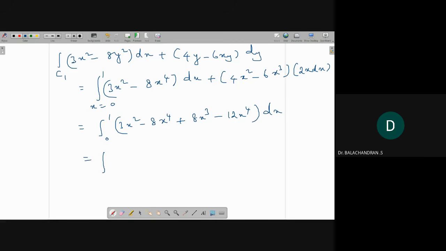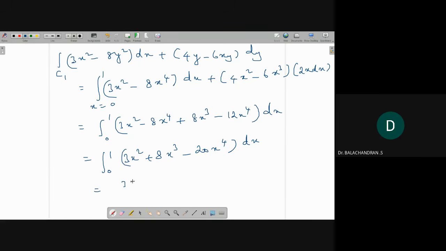So you get totally how many? 20, yeah. So 3x square plus 8x cube minus 20x power 4 into dx. So integrate and get the answer.